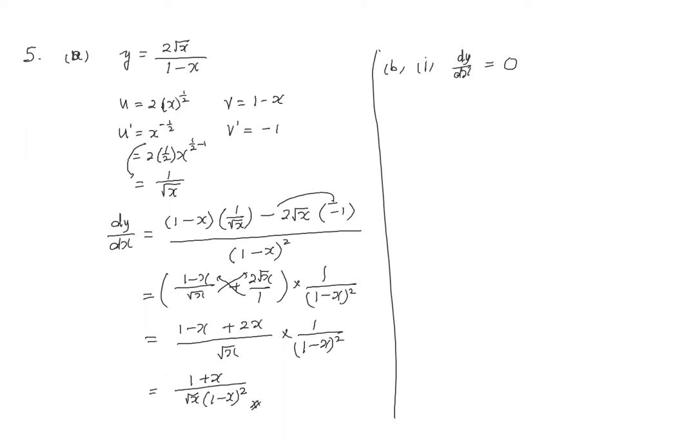What should I equate to 0? 1 plus x over square root of x bracket 1 minus x squared equals 0. So how should I continue now? 1 plus x equals 0. Yeah, 1 plus x equal to 0. So what is x? x is -1.